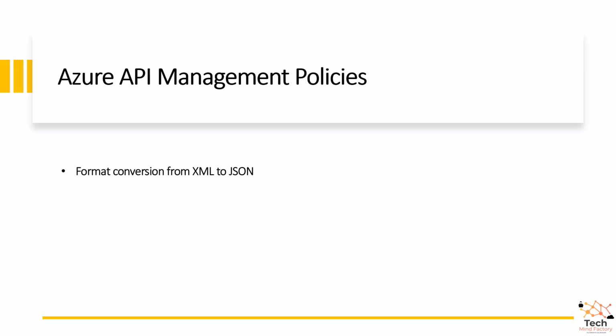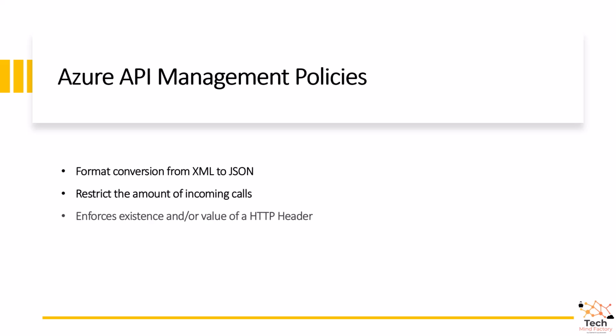A small disclaimer: there are many different kinds of policies you can configure. I want to focus only on some of them to explain how to enhance the security of our APIs behind Azure API Management. For instance, we can do format conversion from XML to JSON. If the data from our original API is returned in XML, we can transform it to JSON. We can restrict the amount of incoming calls, so we can implement throttling for our APIs. We can enforce the existence of some value for HTTP headers.